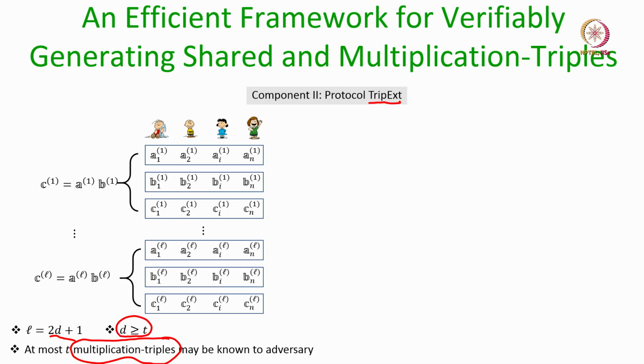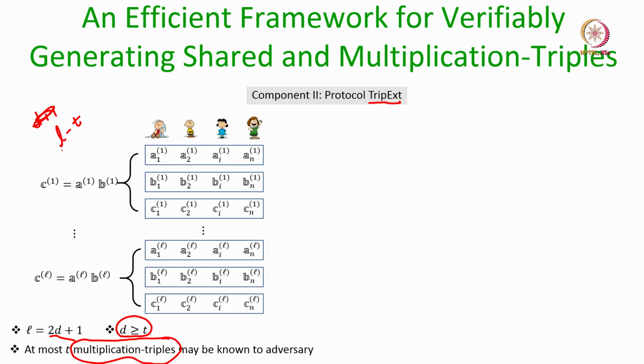And among these L multiplication triplets, the value of at most t triplets will be known to the adversary, and that means at least L minus t triplets are random from the viewpoint of the adversary.